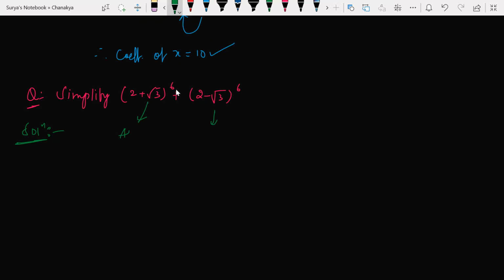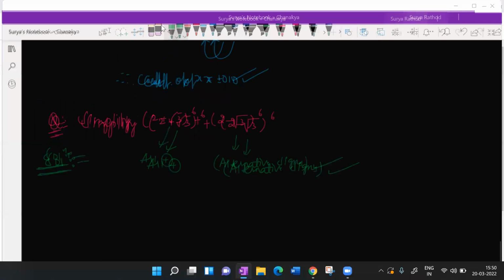All positive signs here, alternate signs there. So everything will get cancelled, and you will be left with some constant number. Just find that. Which formula do you need to use? Again, the (a+b)^n formula. Please kindly solve that question.